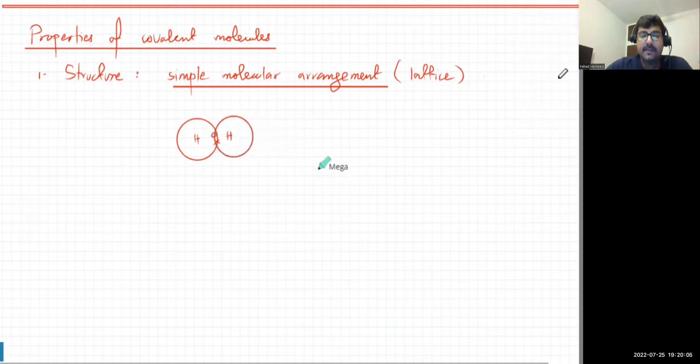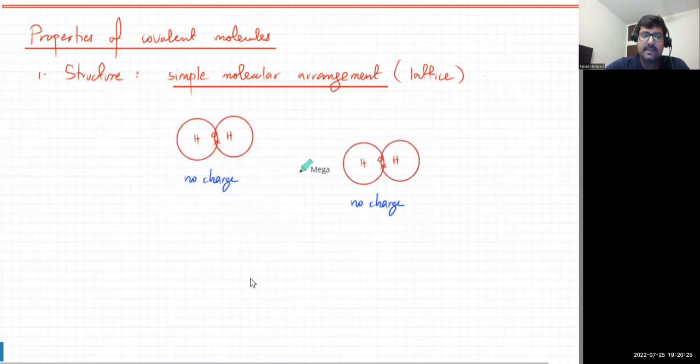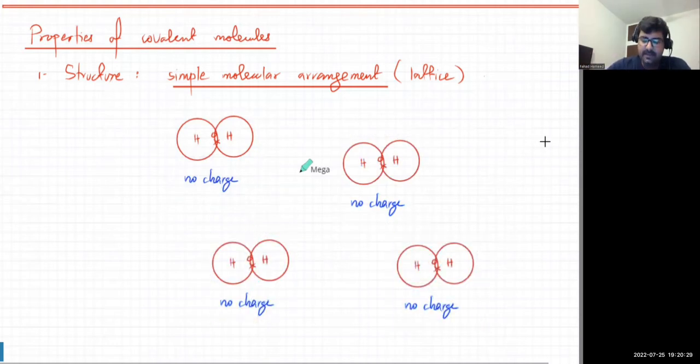So that's one molecule. And remember, it doesn't have a charge because no one gained or lost an electron. Now, there are going to be other molecules as well. So there's not going to be just one H2 molecule. There will be other H2 molecules as well. So here's another H2 molecule. Here's another H2 molecule.